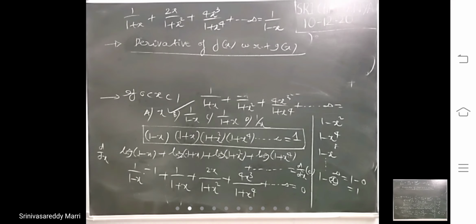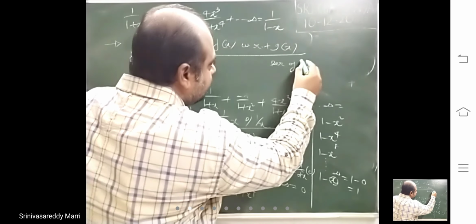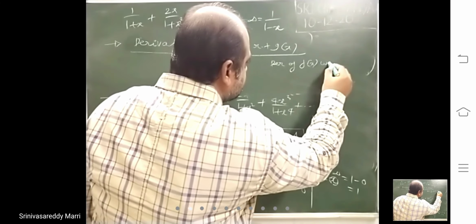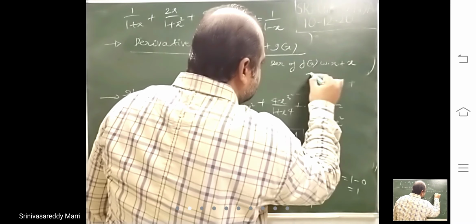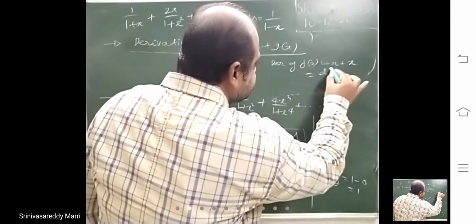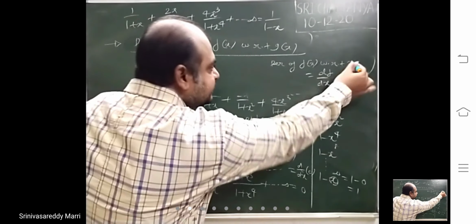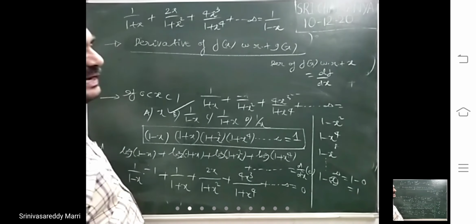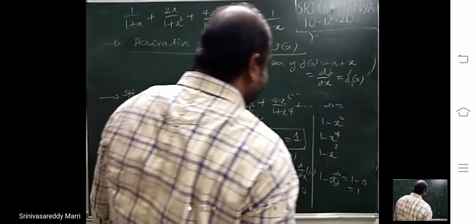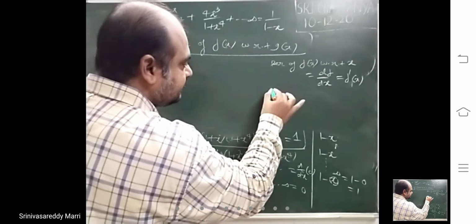So actually, by definition, derivative of f of x with respect to x is called df by dx. This is derivative of function with respect to x. Denominator x is there. This is definition. F dash x.